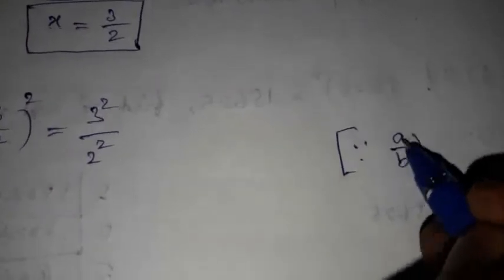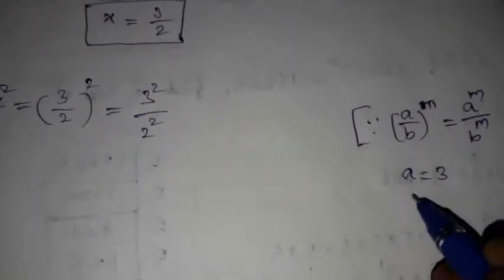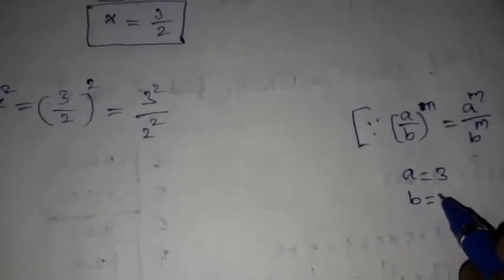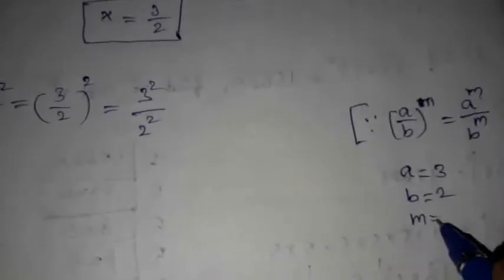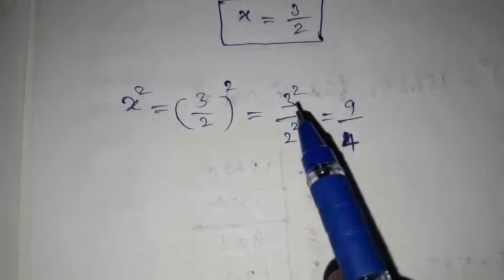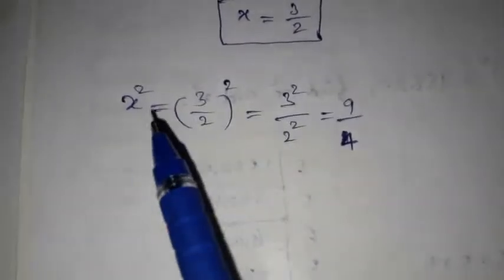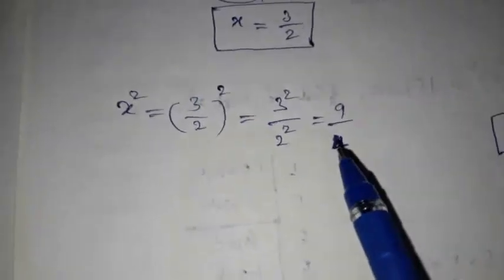A by b the whole power m equal to a power m by b power m, where a is 3, b is 2 and m is 2. 3 square equal to 9 and 2 square equal to 4. So the value of x square equal to 9 by 4.